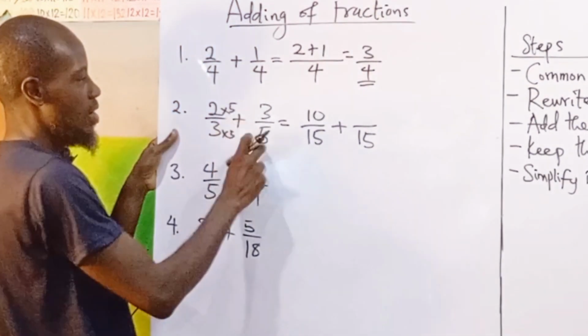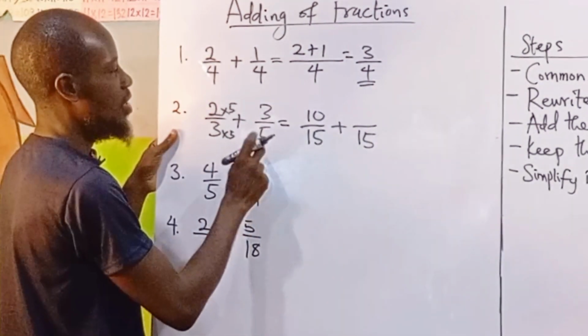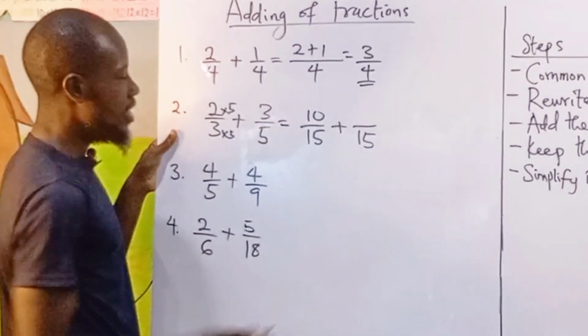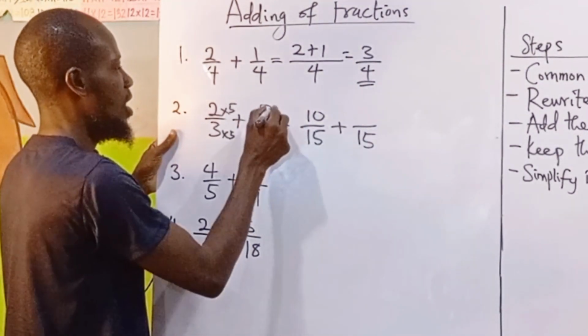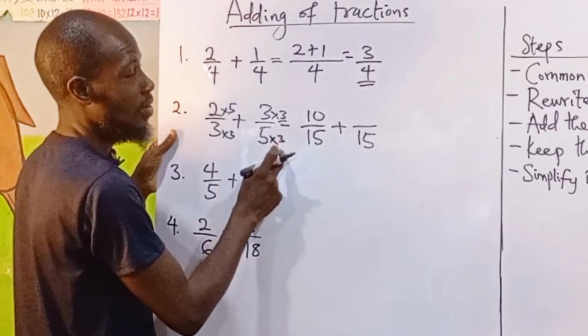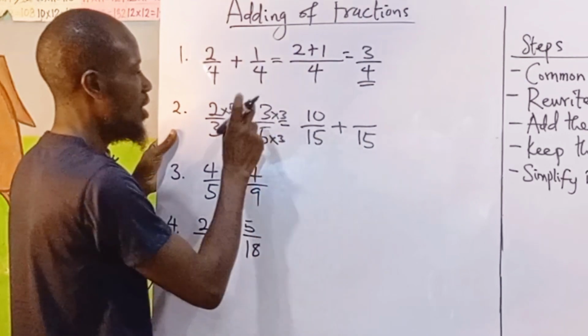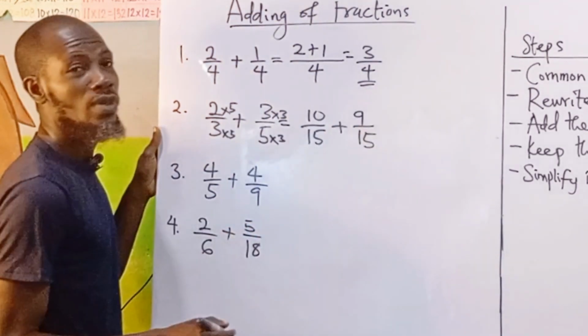Also for this one, what is multiplied by 5 to get 15? That is 3. So we multiply the denominator by 3 and also the numerator by 3. So 5 times 3, 15. 3 times 3, 9.